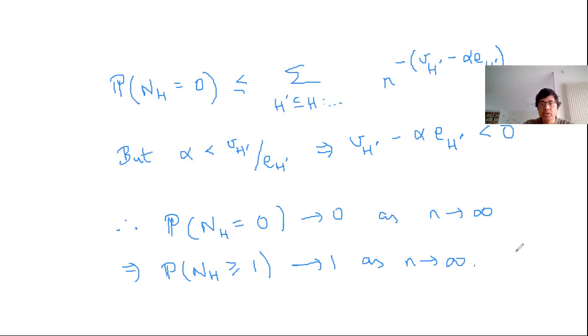So this part focused on local properties of Erdos-Renyi random graphs, meaning properties that are determined by some fixed number of vertices, a constant number of vertices not growing with n. And so we've proved our main result about the presence of any fixed small graph within the Erdos-Renyi random graph.